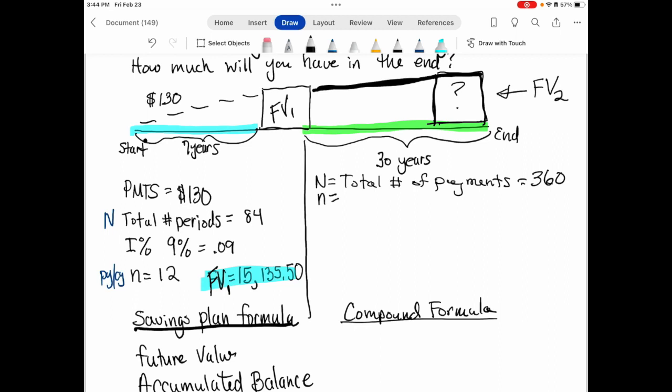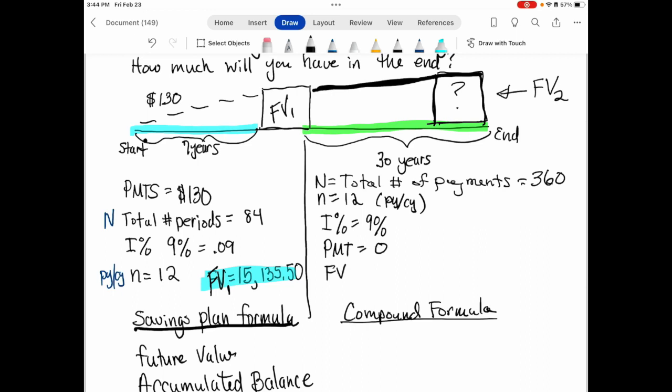Our little n would be 12, because that's how many times you do this a year. And if you're using your TVM solver, that's your PYCY at the bottom. We know that we're still using the same account, so it's still going to be 9%. We don't have payments here, so I'm going to put in payment is 0.